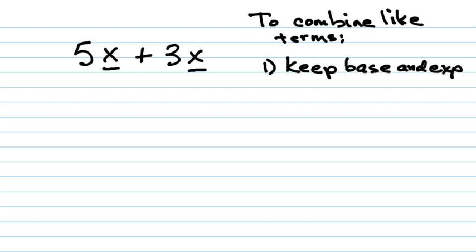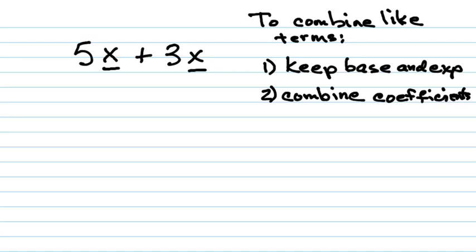Tables don't suddenly become chairs, right? When you have more of them. So remember, keep the base and exponent. And then you're going to combine the coefficients. The way that you combine them is determined by if you're adding or subtracting, the pluses and the minuses, right? So just combine them. We say combine because that means either add or subtract. Instead of saying add or subtract, we can just say combine.